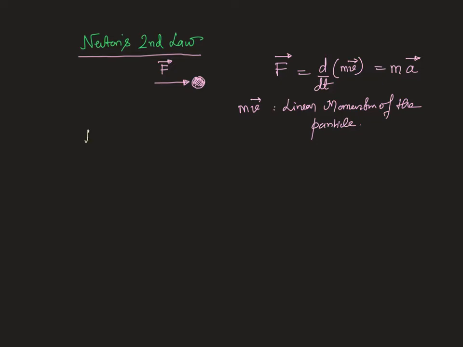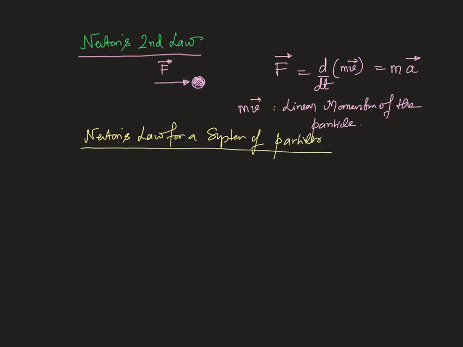Now let's extend this Newton's second law for a system. Newton's law for a system of particles. Now we'll give a very simple example at first, then I will generalize.